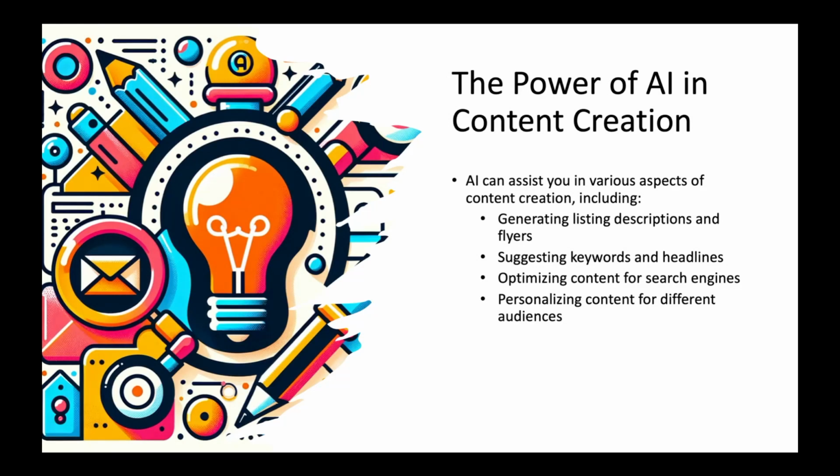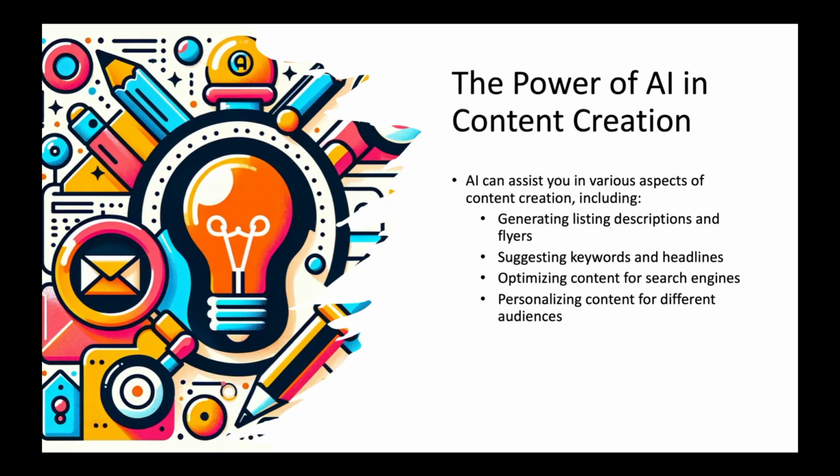The other things that AI can help with is suggesting what keywords and headlines to use for your listings. As you'd imagine, when people are searching for properties online, they use a particular number of keywords, and those keywords would determine what would appear in the search results.